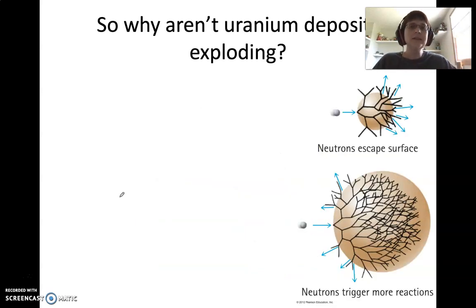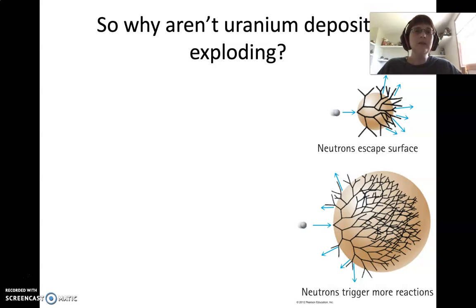So let's think about this. We know we have deposits of uranium sitting around the world, so why aren't uranium deposits exploding? Because we know that they're decaying, we know that they're getting hit by neutrons and so forth, and their nuclei are breaking down. So why isn't uranium just exploding all over the planet?